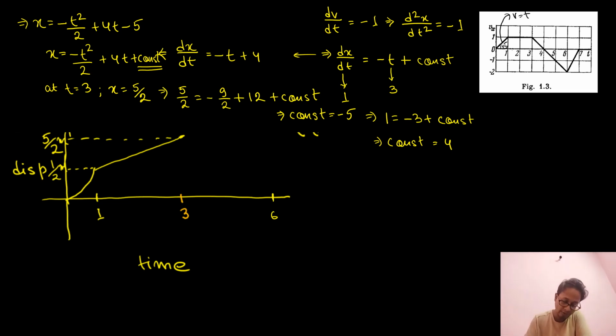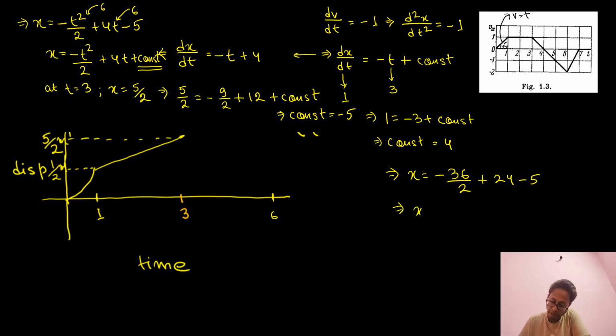So at time t is equal to 6, I input the value of 6 out here and here. x is equal to minus 36 by 2 plus 24 minus 5, or x is equal to minus 18 plus 24 minus 5. 18 plus 5 is nothing but 23.